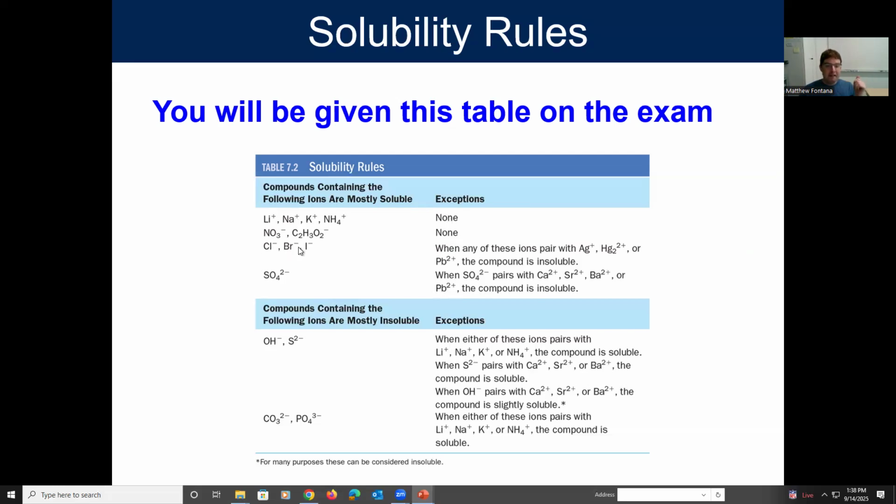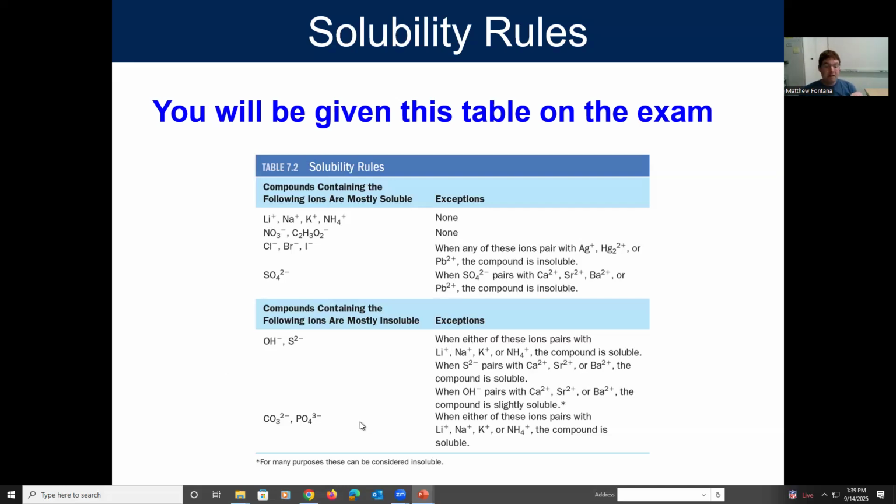If you have any of these, what this is going to tell you is that there are some exceptions. So when any of these ions pair with silver, mercury, or lead, the compound is insoluble. So what it essentially works here is on the left-hand side, it's going to describe things as being soluble, but if there's an exception, then it's going to be something that's insoluble.